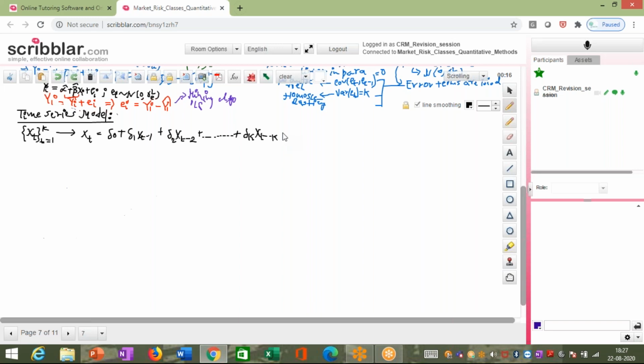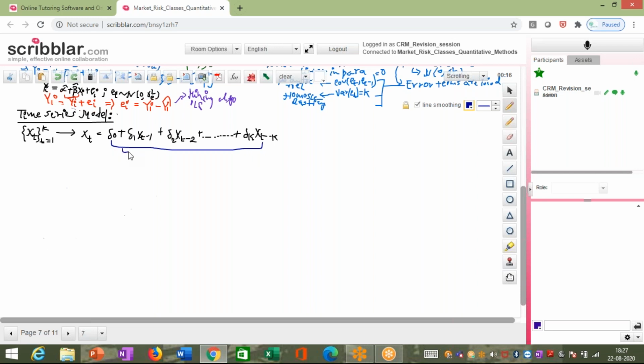Obviously, one set of factors are the historical or lagged values of that series. It basically says that the price of an asset will be explained by the historical prices of that asset itself.